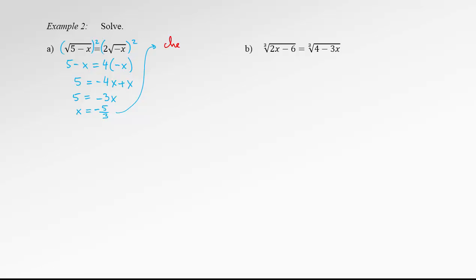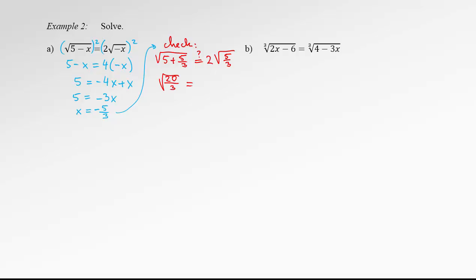Okay, let's check if this root works. So if we plug negative 5/3 into the left hand side of the equation, we have 5 minus negative, that becomes plus 5/3. Is that equal to 2 times root of negative negative, becomes plus 5/3? Let's see. We may want to put this 5 under the same denominator 3, so it will be 15 plus 5, it's 20/3 under the root.